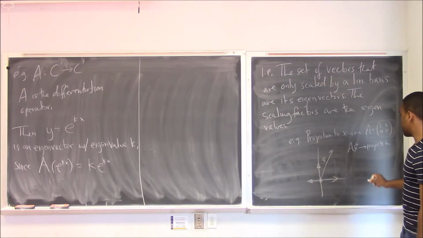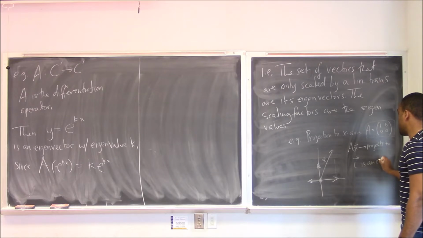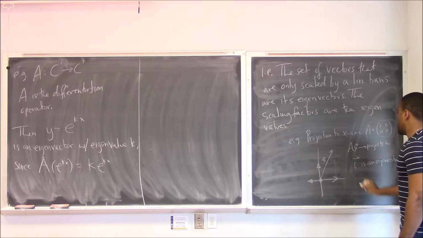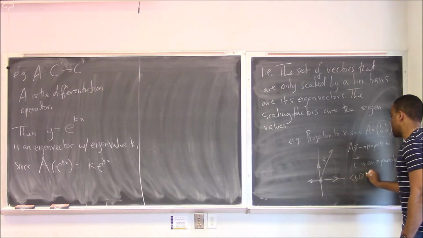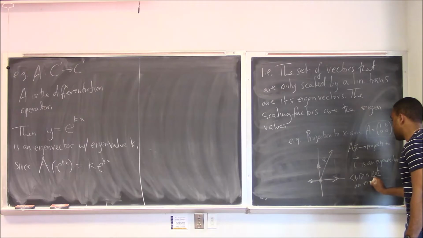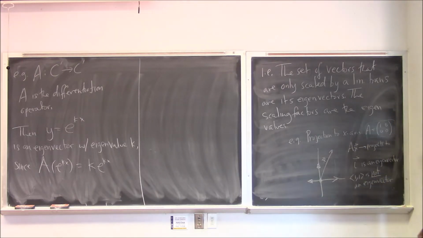I'll give you a specific example here. I is an eigenvector here, whereas the vector 1, 1 is not, since under this transformation, I is not going to change. It's going to be scaled by 1.